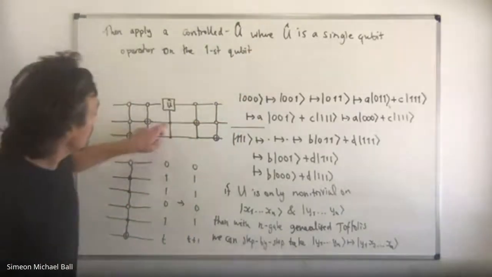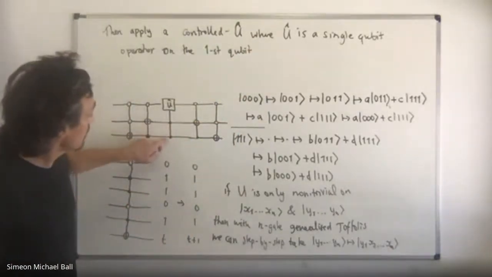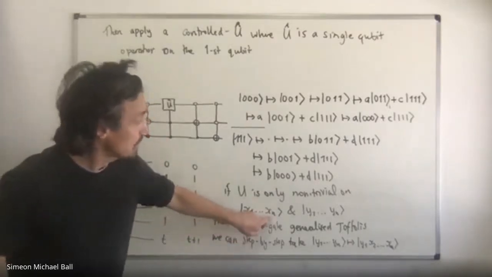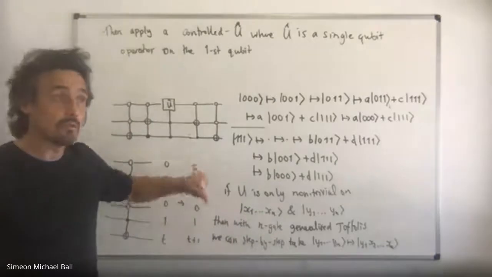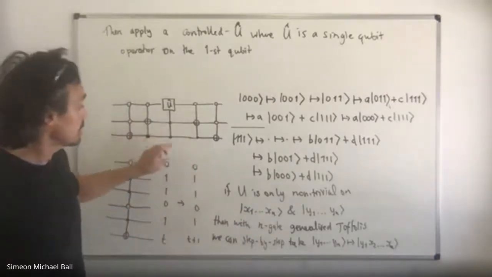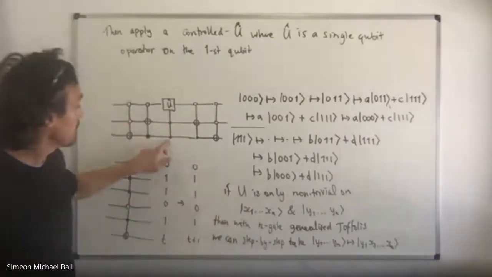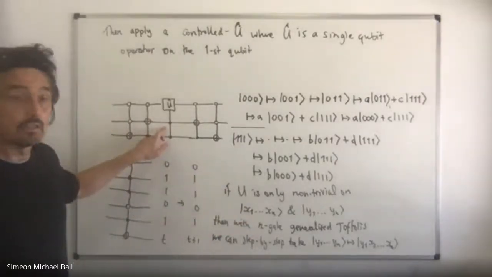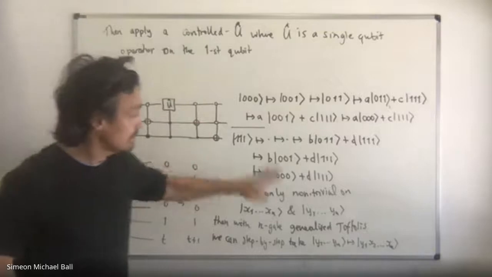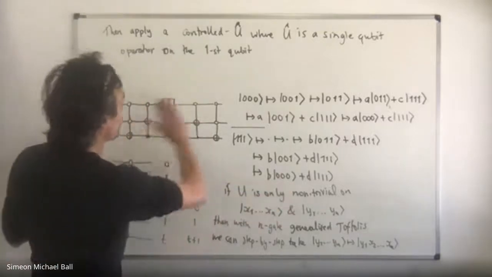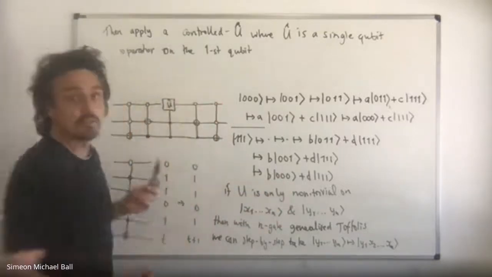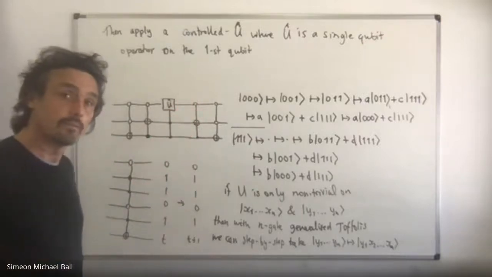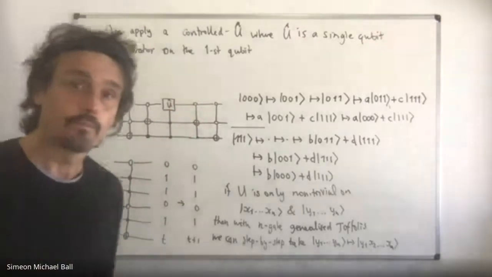Where down here on the n-1 other qubits, you have exactly x2 to xn controlling it. So exactly if x2 to xn are all 1s, then these would all be black dots, and wherever you see a 0, you put a white dot. And then it just applies it to these 2 cases, and then you just copy whatever you got here and do the inverse on the other side and put it all back together again.